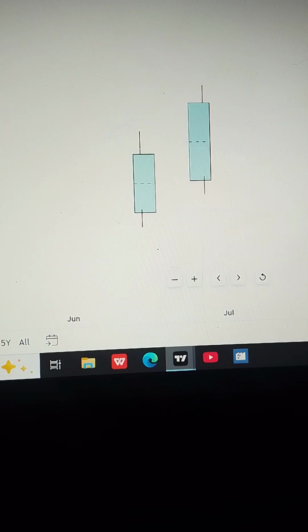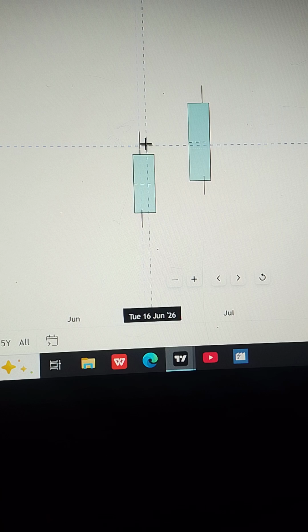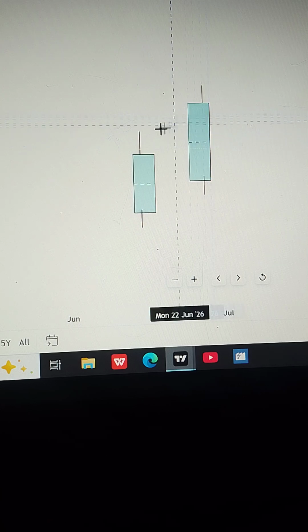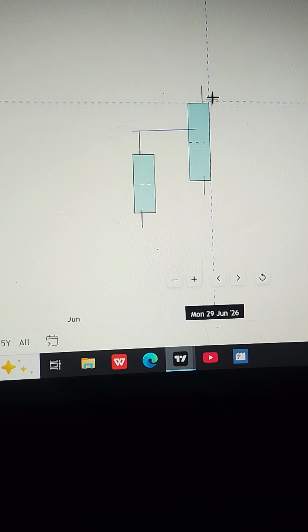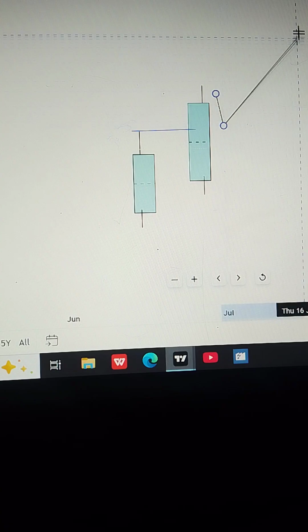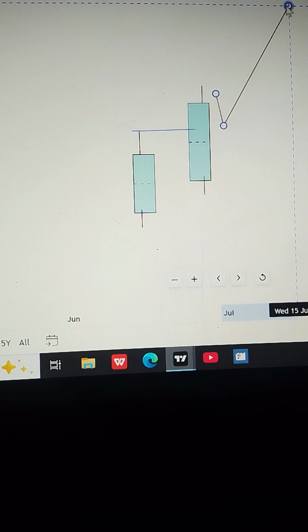So we have this previous candlestick, and the current candlestick. You can see the market closed above, or in between, this candlestick, so that is a continuation. So we are expecting some retest in the market to continue.